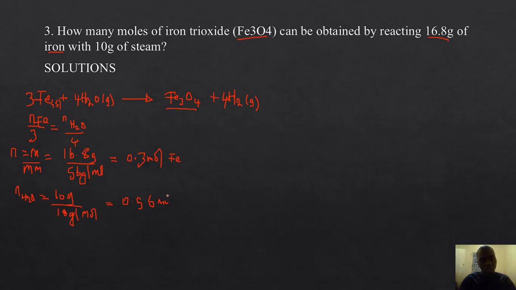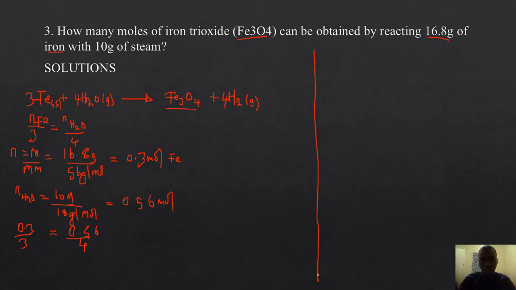moles. Now that we have this one, substituting into this equation which says number of moles of iron over 3, the number of moles is 0.3. So we're going to have 0.3 over 3 is equal to the number of moles of steam here, which is 0.56, and this one will be over 4. Having divided, let's see what we're going to come up with.